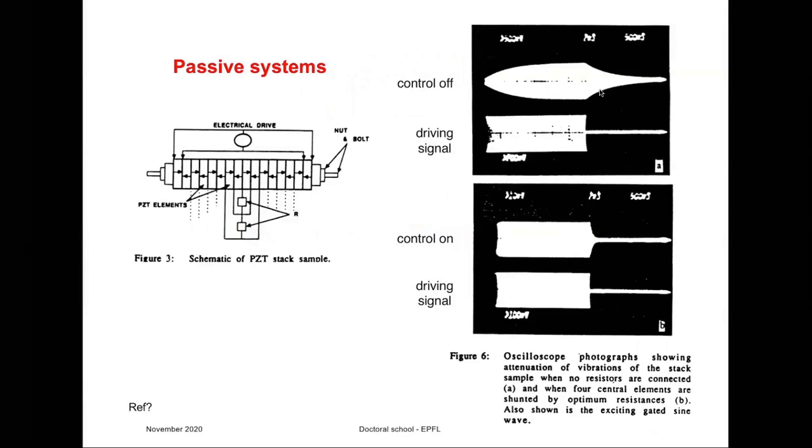Here is a system which is induced into vibration, and then when you remove the driving signal, it takes some time before vibration dies off. But if you have this control, if you can turn on different of these shunt resistors, you can kill vibrations very quickly. So there are no sensors here. There is simply a way in which you can connect these shunt resistors and disconnect.